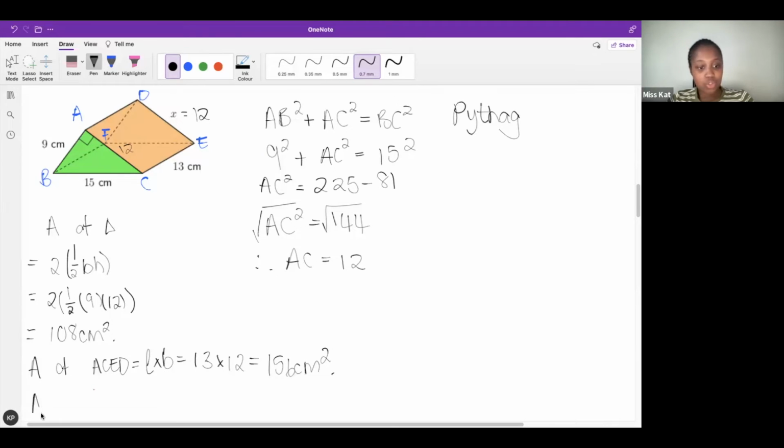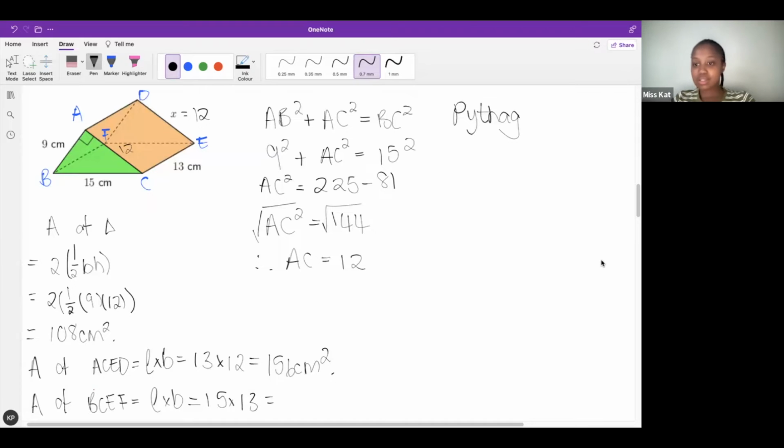Okay, if I lose you at any point, please speak up. I gave them letters so that you guys can try to see. Area of BCEF. That's the rectangle at the bottom, length times breadth. What's the length and what's the breadth? Okay, 15 times 13. Nice.